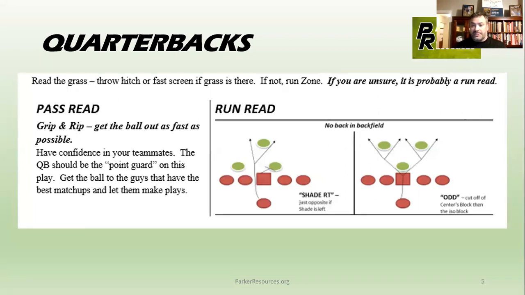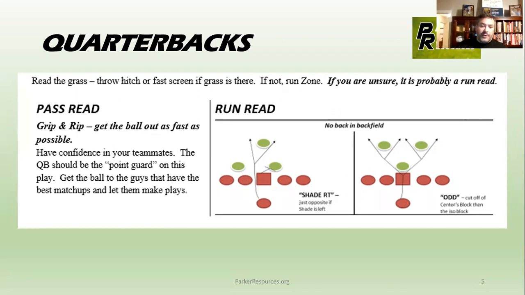We worked on throwing hitches just like throwing fast screens. If we knew we had leverage on the hitch, we're just going to catch and throw. Just like a shortstop, grip it and rip it, get the ball as fast as you can. Obviously people do that with the now screens and the bubbles and all that. That quarterback's job is just to get the ball to the good kids. Use common sense. Somebody's playing way off, get the ball, things like that.